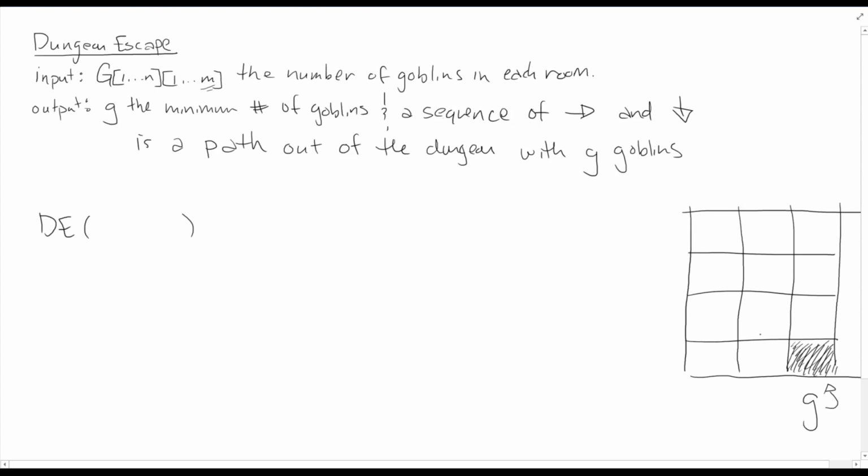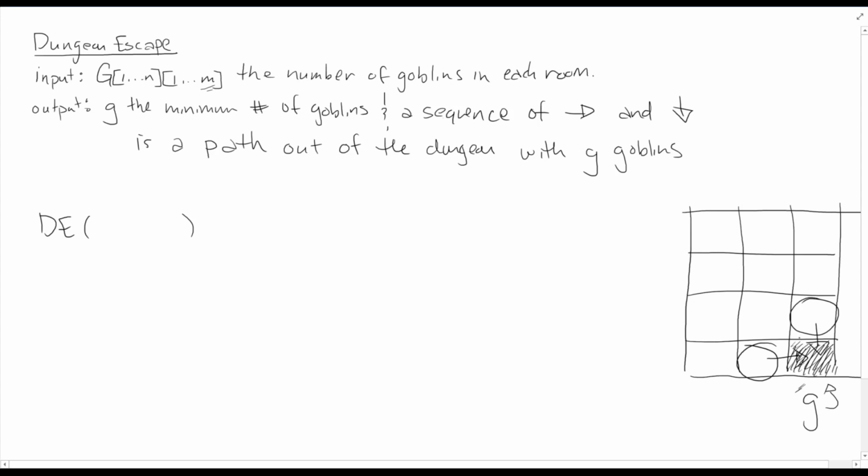Well, we're going to think to ourselves, what kind of sub-problems do we want to think about? We probably want to know the minimum number of goblins it took to reach this cell, or that cell, since these are the only 2 cells we could come from if we're going to arrive at our target cell. We could figure out the minimum number of goblins to reach our target cell if we knew how many goblins it took to reach one of these 2 cells.